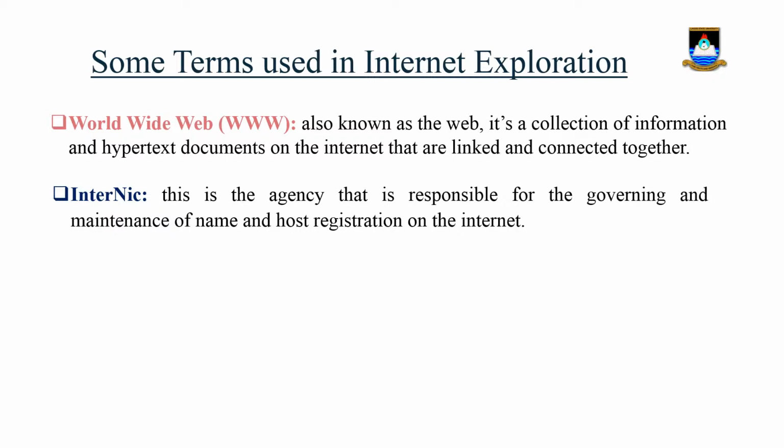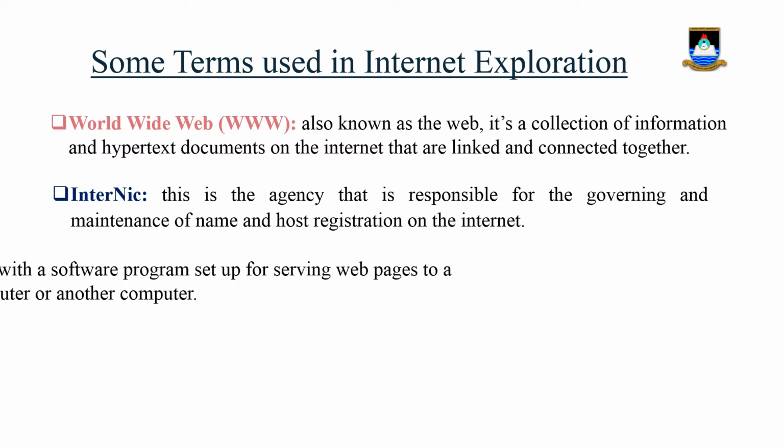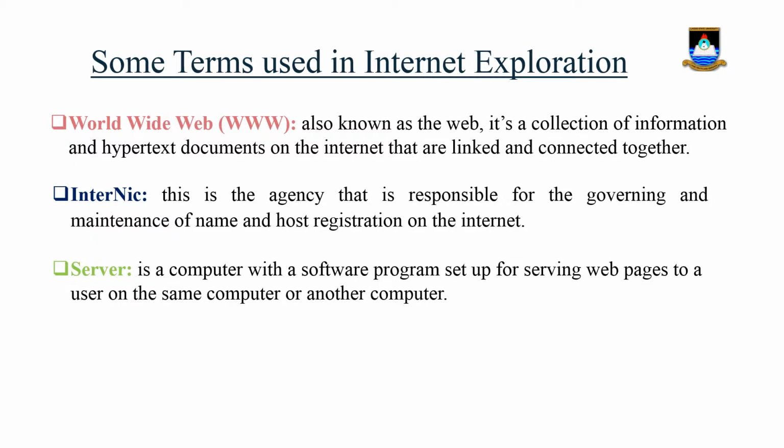This is the agency that is responsible for the governing and maintenance of name and host registration on the Internet. Server is a computer with a software program set up for serving web pages to a user on the same computer or another computer.